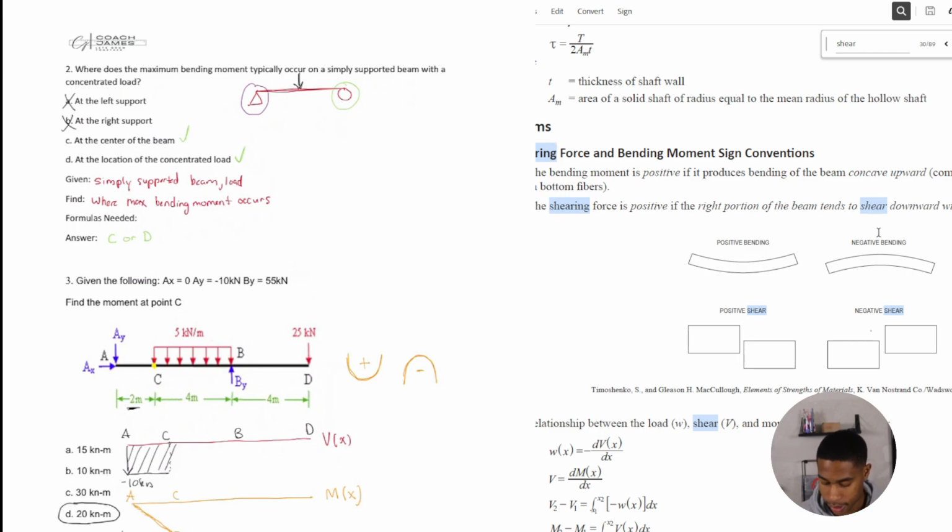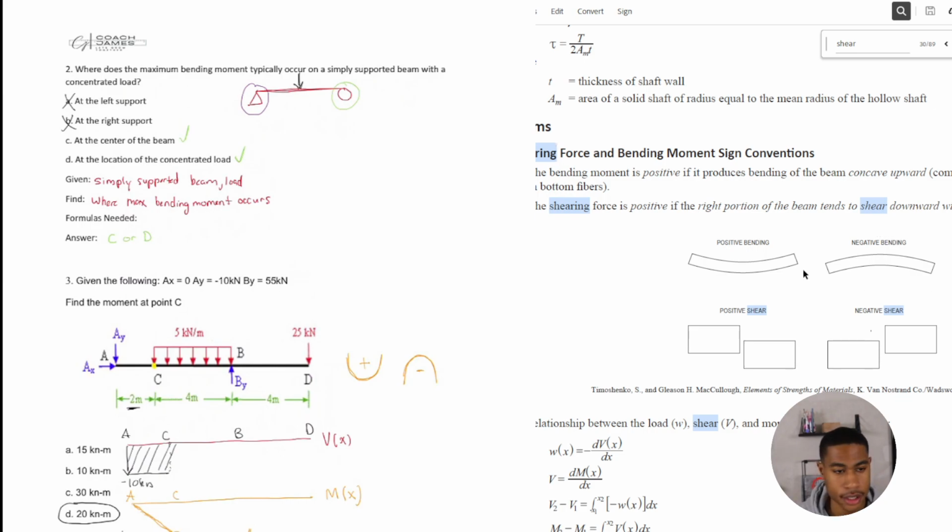So it's just a little bit of a curve, but you just want to keep in mind that your moment is going to be negative or concave down when your shear is negative, and if your moment is positive, then it's going to be concave up. So just some things to think about there.